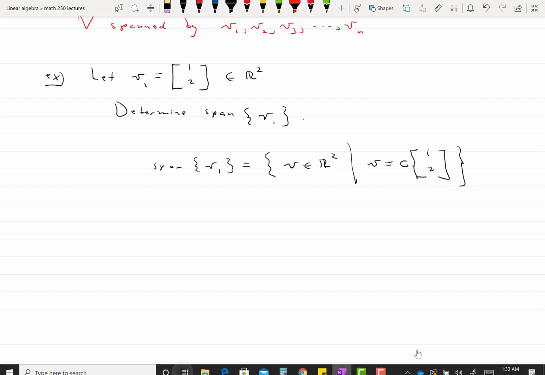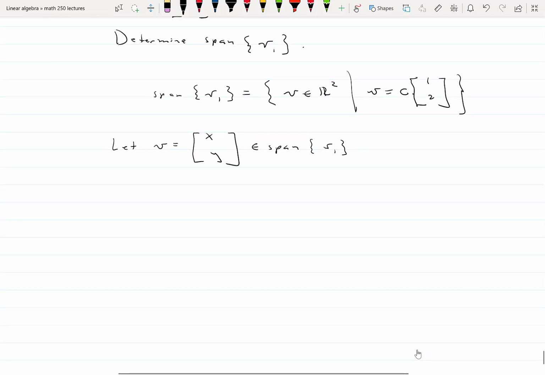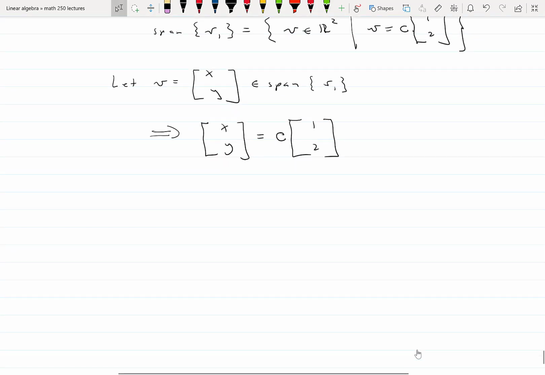Let's get a better look at what this set looks like geometrically. Let's pick something out of the span of V1. Let V equal the column vector X, Y be inside of that span. That means V is going to equal some scalar multiple of 1, 2.